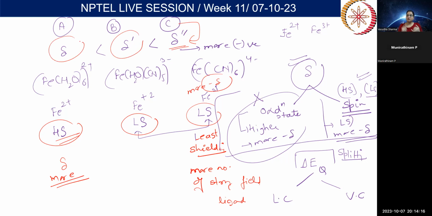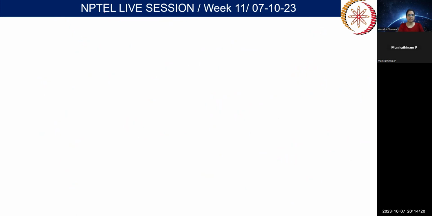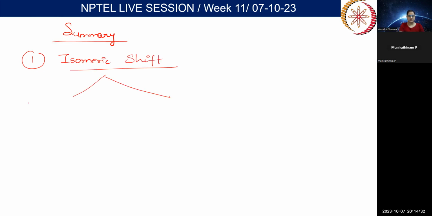So whenever it comes to isomeric shift, two factors you have to keep in mind. We'll have a summary of these two main things. Whenever we talk about isomeric shift, we only have to consider two factors. One is to check the oxidation state, keeping high spin or low spin constant.